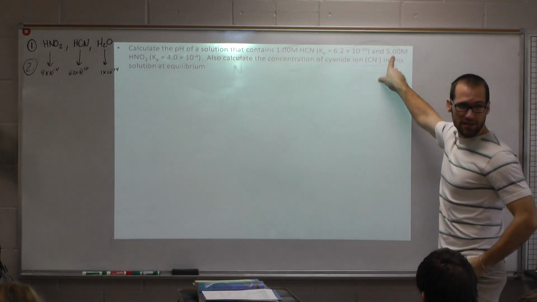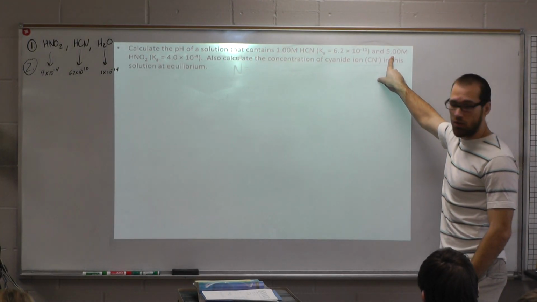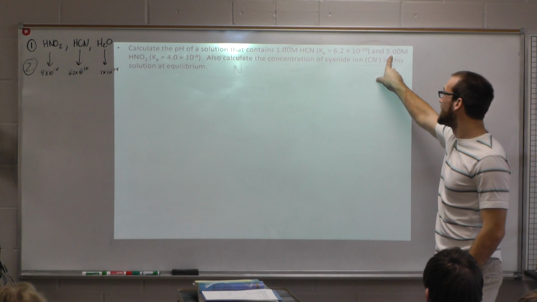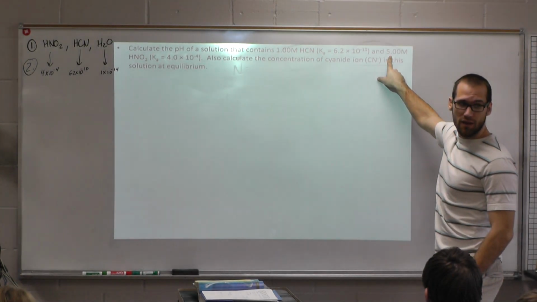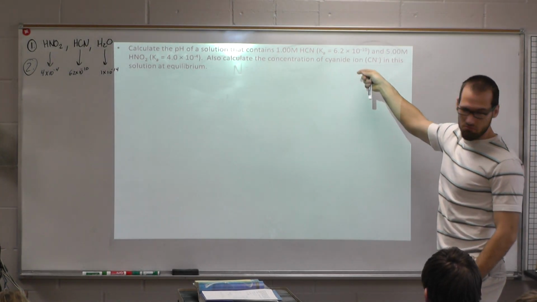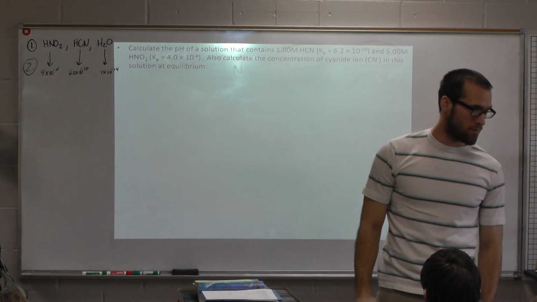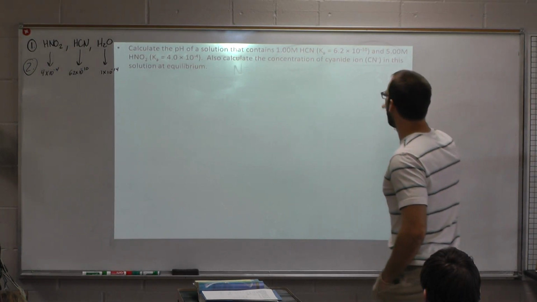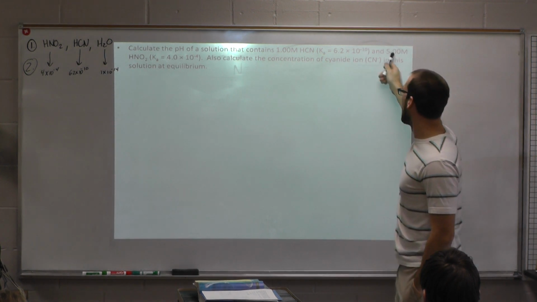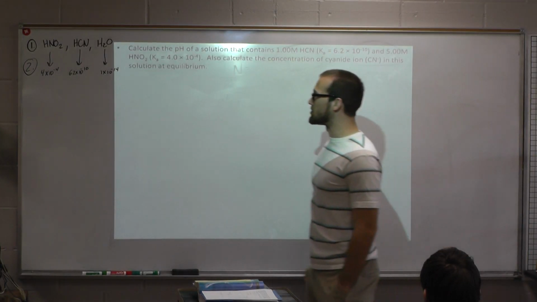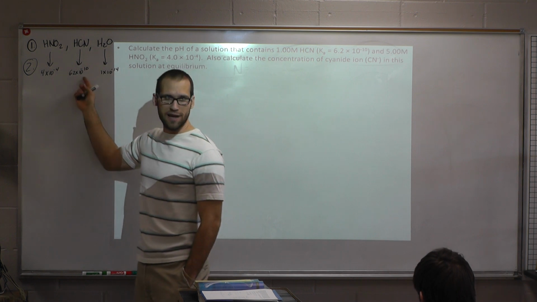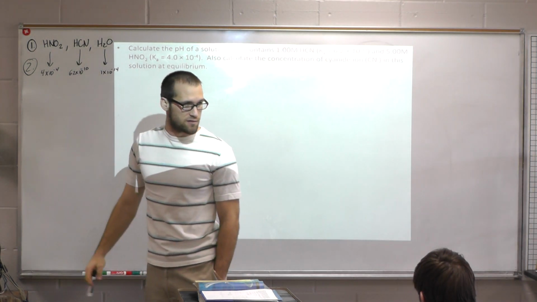However, the dominant way to figure out what gives off the most hydrogens is going to be your Ka value. A little impact is the concentration, but a much bigger impact is your Ka value. Even if I had 5 molar of this and 1 molar of this, I still would assume that this is the dominant giver of hydrogen.